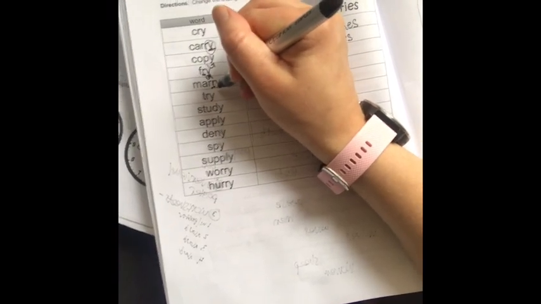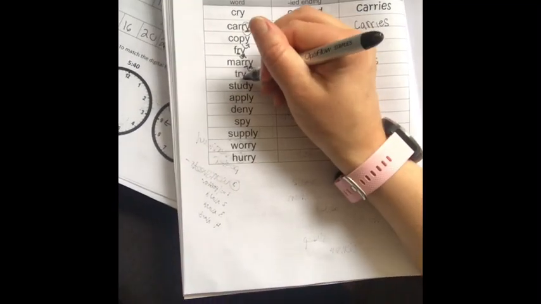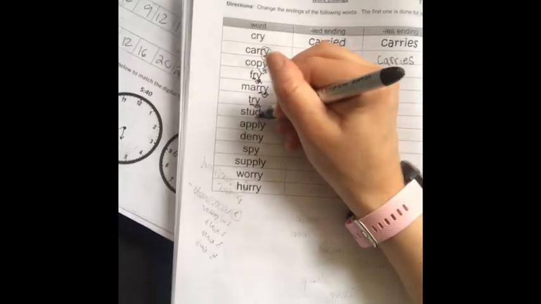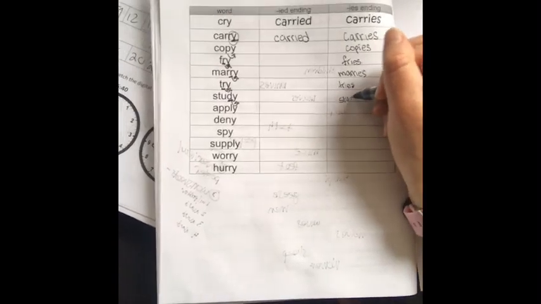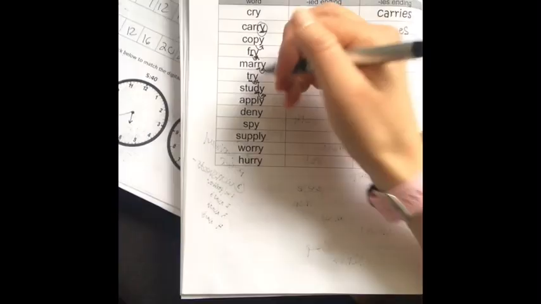Same thing here. Another consonant before the y. Drop the y and add ies. Marry becomes marries. Consonant before y. You might notice a bit of a theme here. It looks like it's all these consonants before y, which means we yet again get to drop the y and add ies. Consonant before y. Drop the y and add ies.